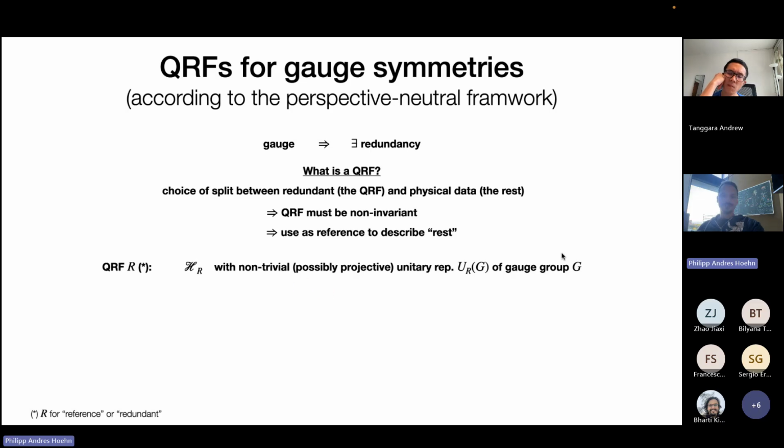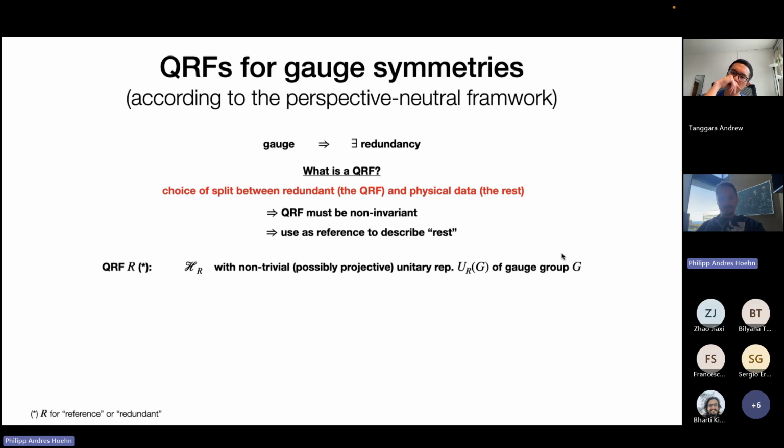And it can be a projective one. So it may not be just unitary, it could be a projective representation. That distinction is not so important, but I'm just mentioning it. In order to absorb the redundancy, it has to come with a non-trivial representation, because otherwise it would be gauge invariant and you wouldn't be able to absorb any redundancy.